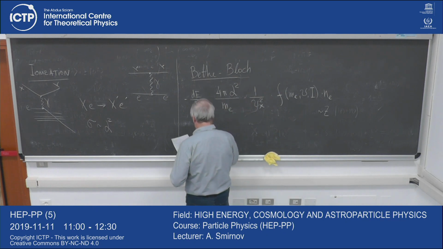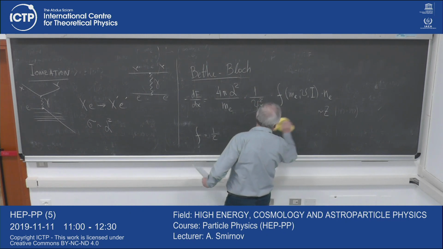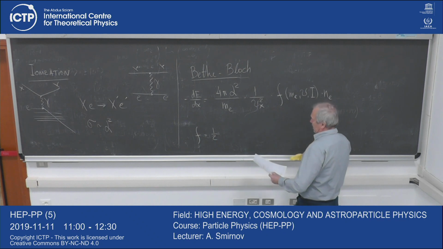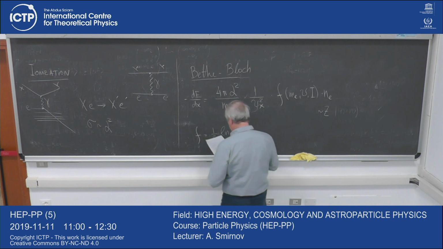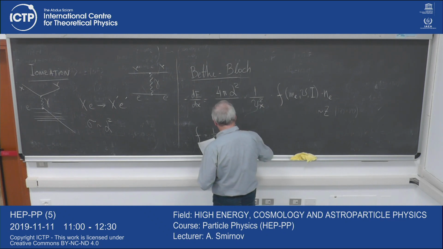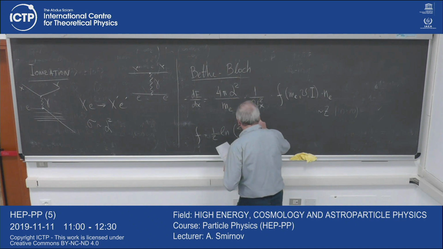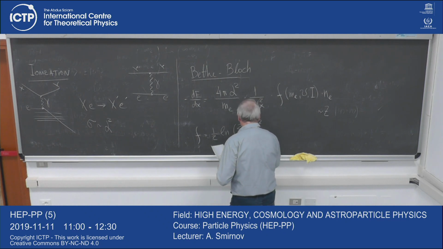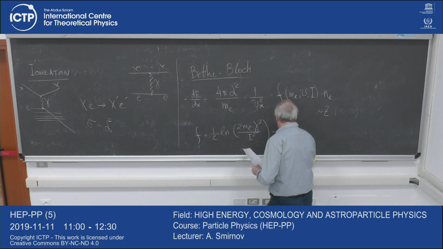So that's one half of the logarithm. What stays under the logarithm is 2 masses of electrons, then gamma, the Lorentz factor squared, and again the ionization potential squared, then minus the velocity of particle X squared.